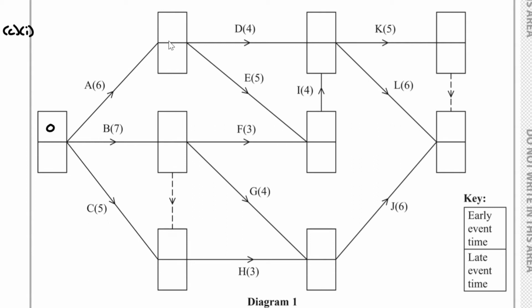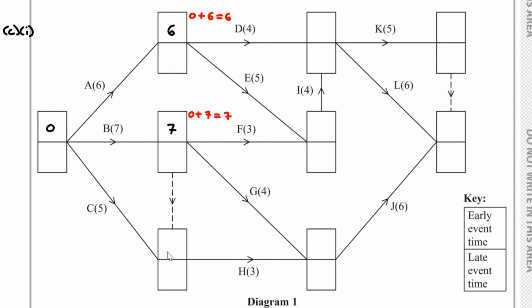Now, here we have 0 plus the 6, which is 6. Nothing else is going into here, so here we write down 6. Here we have 0 plus 7, which is 7. Nothing else is going in, so we write down the 7 here.